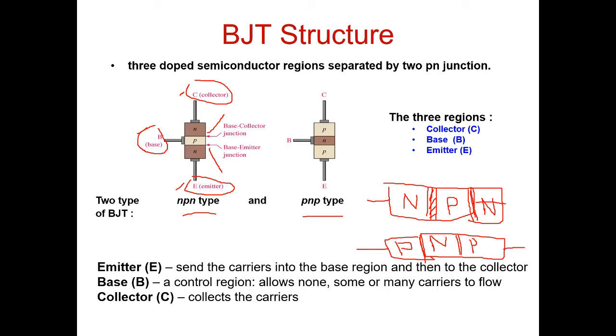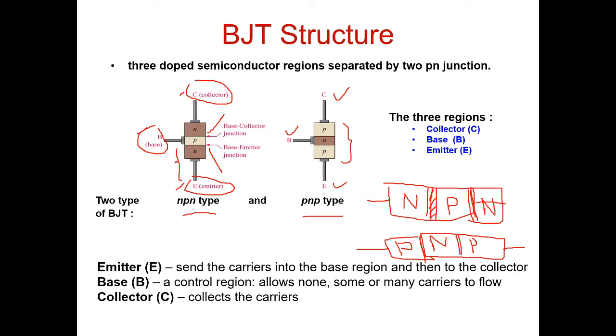All the same, if you have PNP type of BJT, you will have C, collector, and then you have base, and also the E, emitter, right? So what is the function of these three terminals, right? So here, if you read this one, the emitter sends the carriers into the base region and then to the collector. So if you have the emitter, like this one, this is the emitter part, alright?